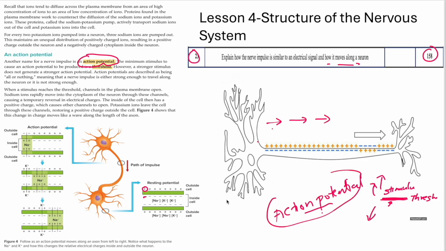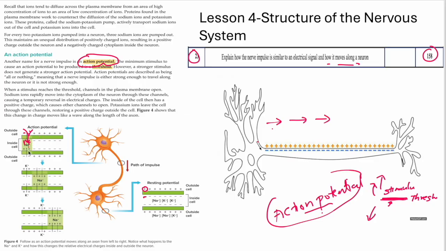And this action potential moves by the movement of sodium and potassium through the channels. The sodium goes inside and creates a positive charge inside the cell, and potassium goes outside and creates a negative charge outside the cell.